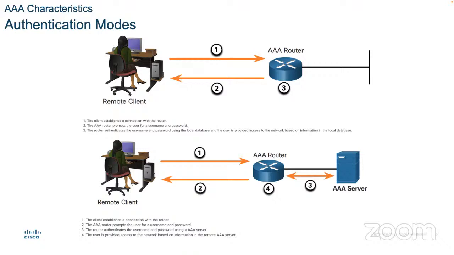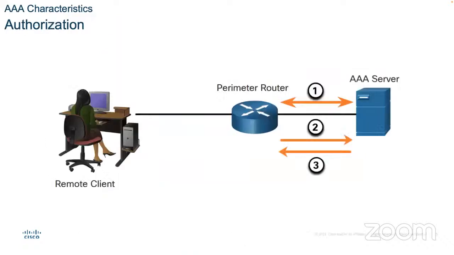It could also take it through the Terminal Access Controller Access-Control System, TACACS, the Cisco specific protocol, in order to get this user connected. Once the user has successfully authenticated, either local or server, then they'll be authorized for a specific network resource.